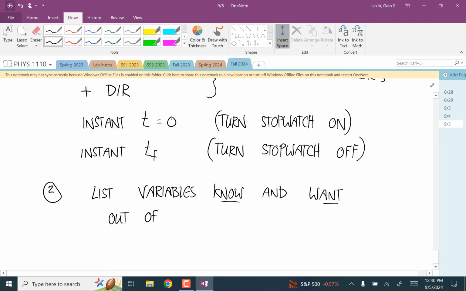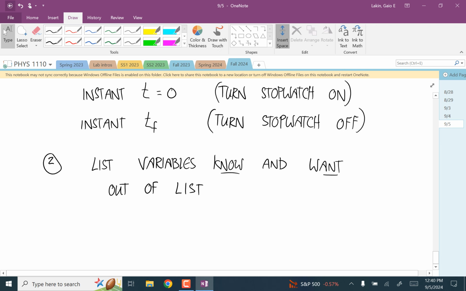And there's only 6 total variables that we have to consider. So we can always just go down the list and say, do we know this one, this one, this one? And so this list of all the variables is time final, acceleration, P initial, P final, V initial, and V final.